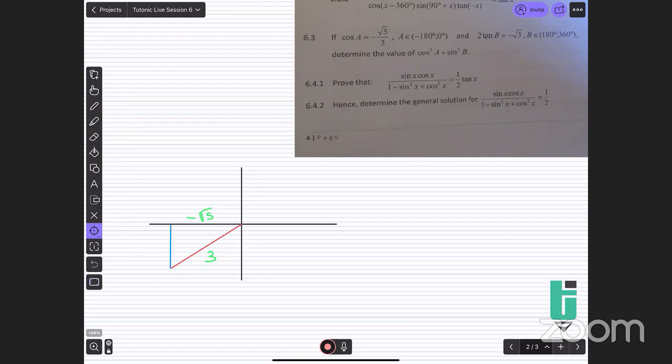Why do I feel like we've done this before? Okay, I got 2.3, but obviously it will be negative. √5 squared is 5. What is it going to be?